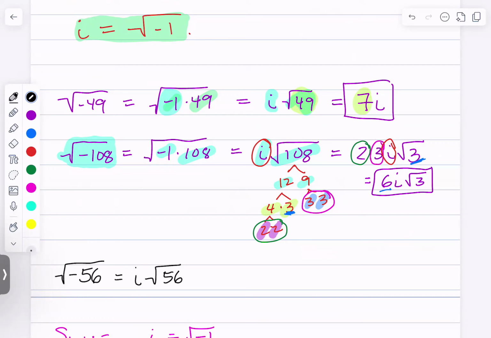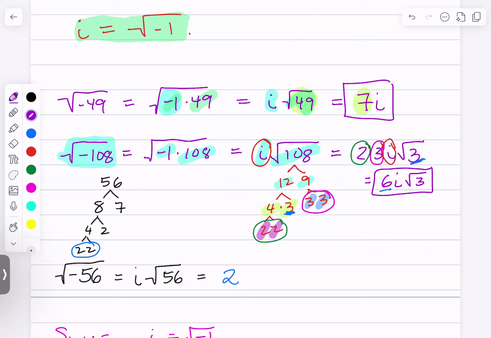Okay. So 56, I'm going to break it out here, is what? 8 times 7? 8 and 7. 7 is a prime number. 8 can be broken down into 4 and 2, and then 2 and 2. So I have a pair of 2s that can come out, and that's it.